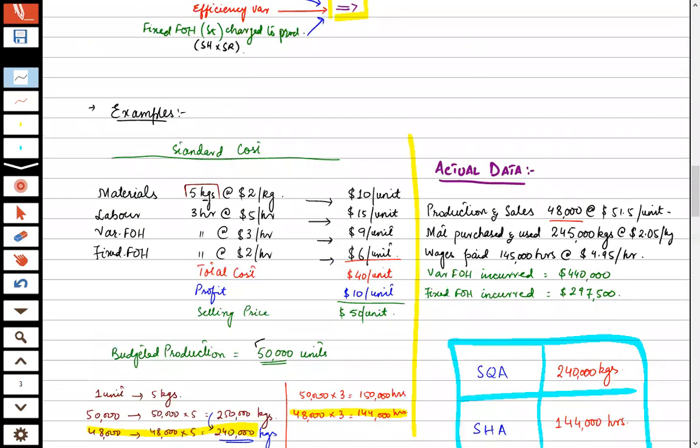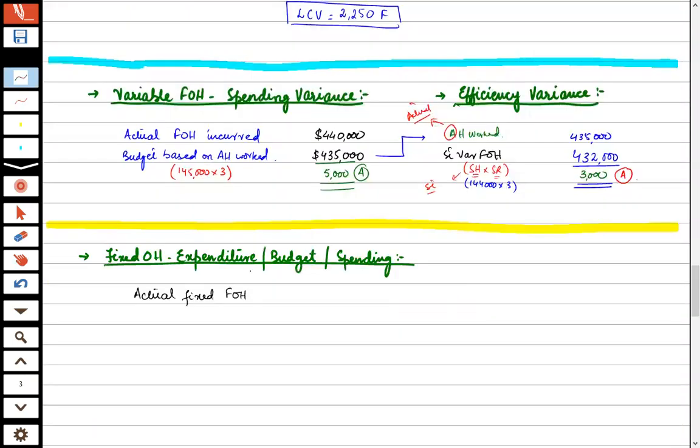Actual was worked out to be $297,500. Yes, $297,500. Now fixed FOH budget. How will it be worked?